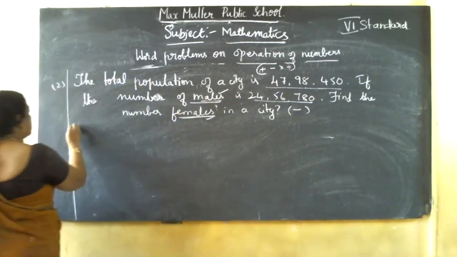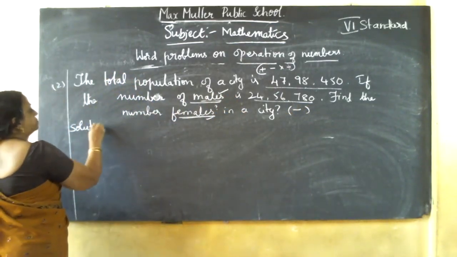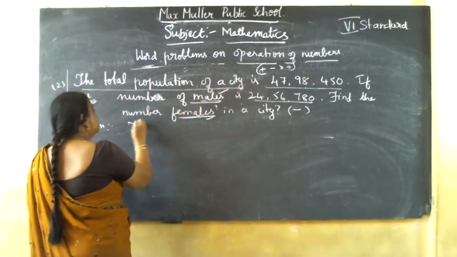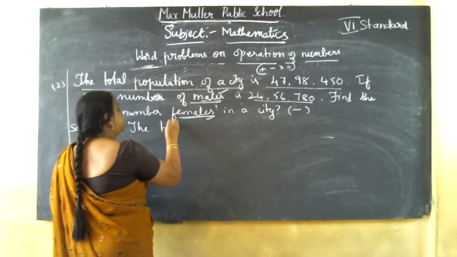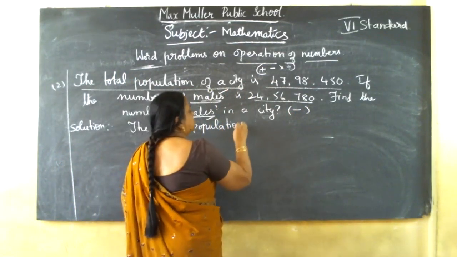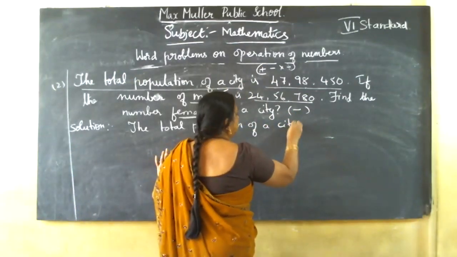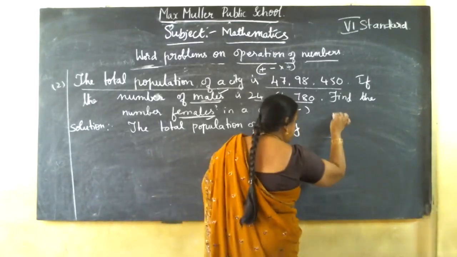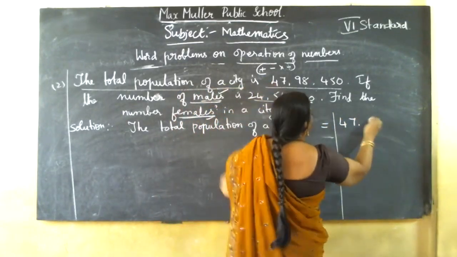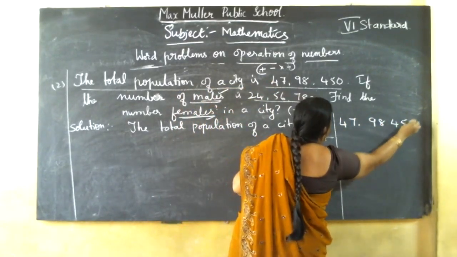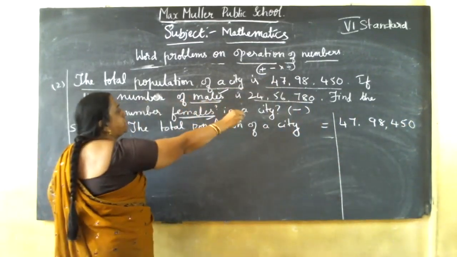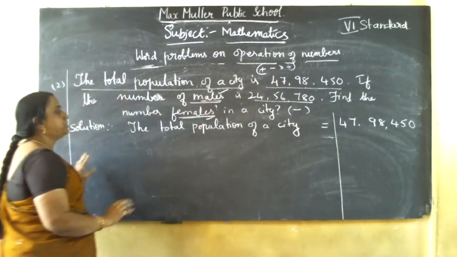How to frame the statement? Solution. Total population of a city equal to 47,98,450. In the working column you should do this.